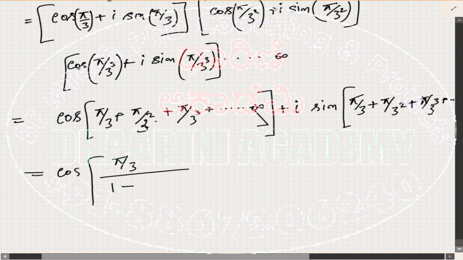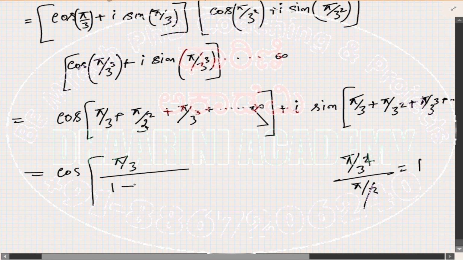Take (pi by 3) square divided by pi by 3: pi cancels and 3 square cancels with 3, leaving 1 by 3.